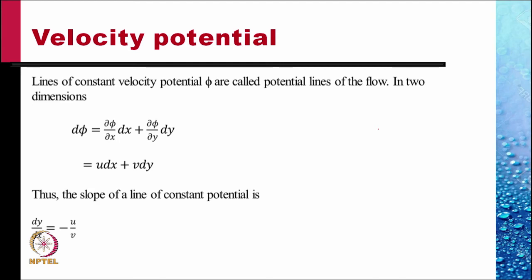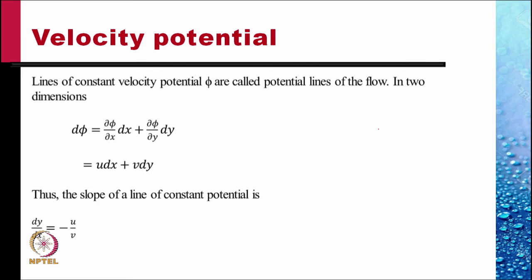In two dimensions, d phi is equal to del phi by del x into dx plus del phi by del y into dy. And recognizing that del phi by del x is u and del phi by del y is v, we get d phi is equal to u dx plus v dy.